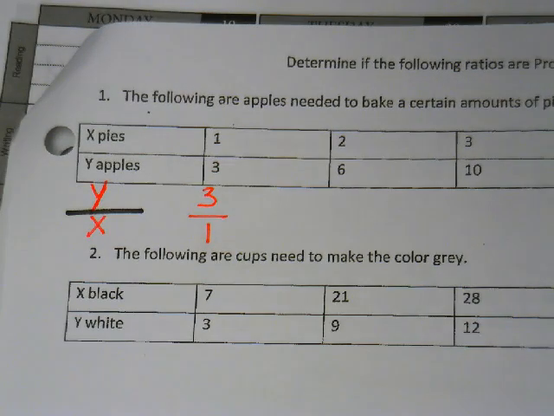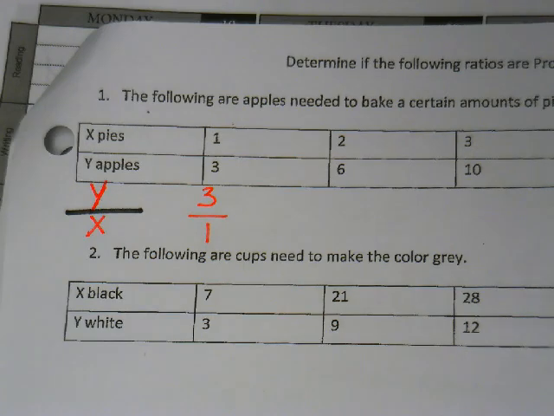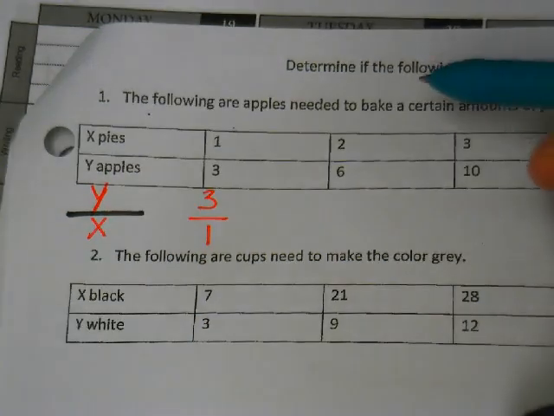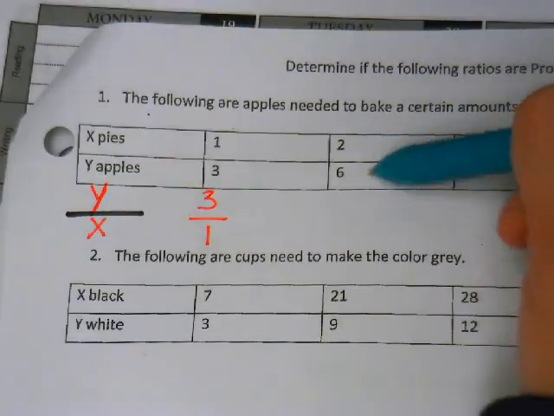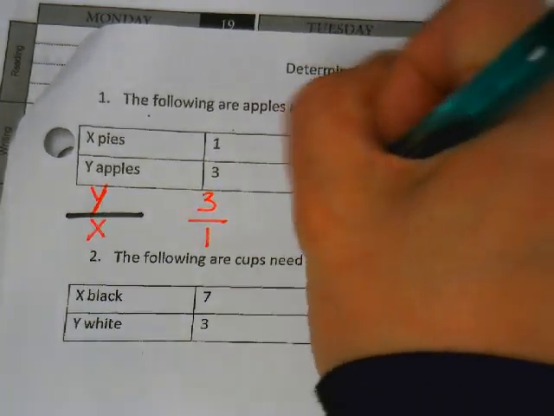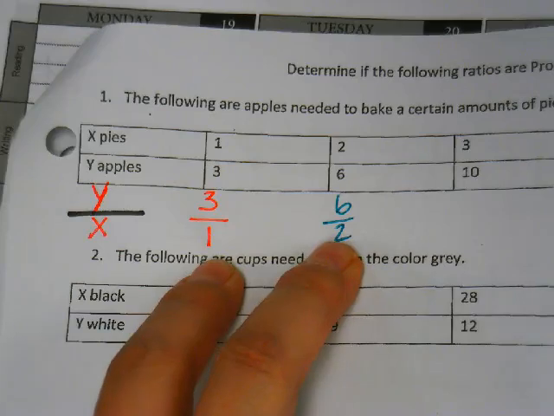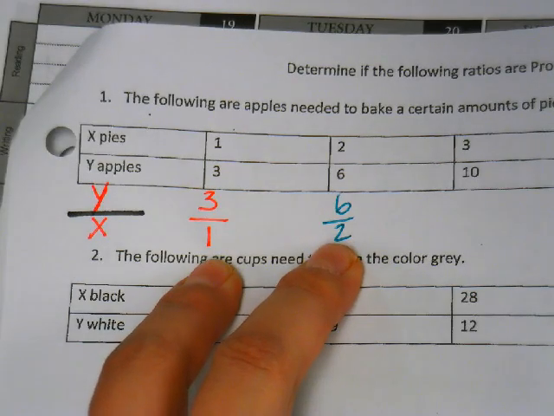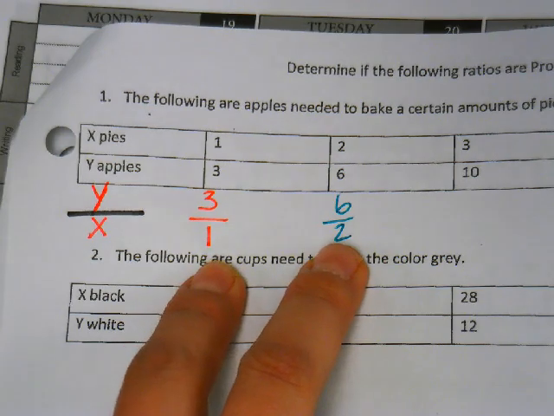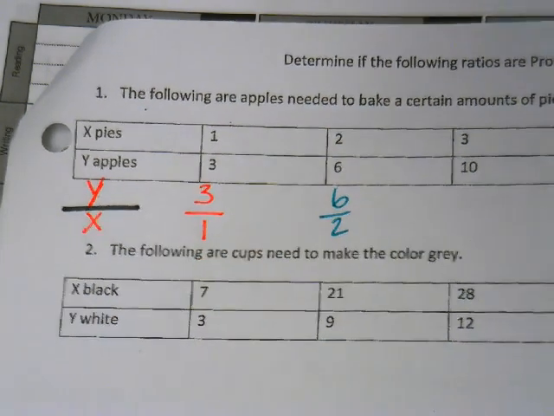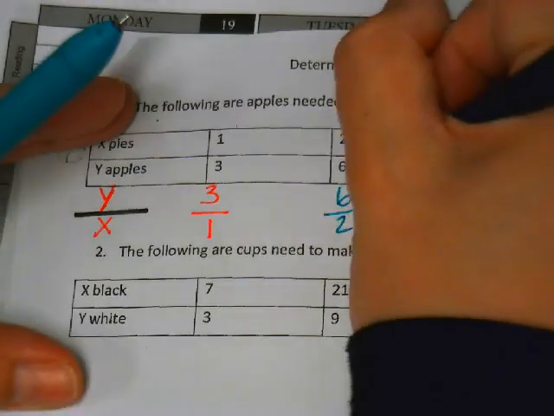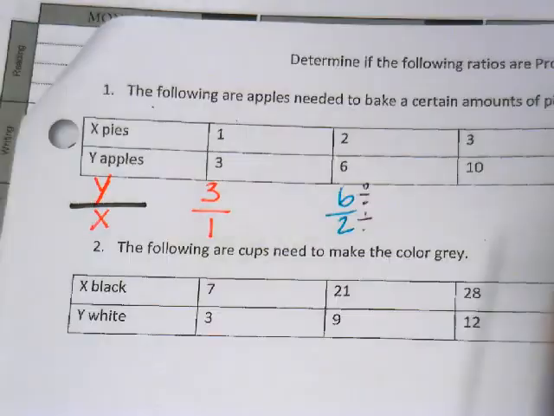Yes, by 3. It would equal 3, but I'm going to leave it as a fraction for this particular situation. All right. So how can you write the second one as a fraction? 6 over 2. Now, my goal is to make these two fractions match. Do they match right now? No. So, I don't just stop right there. What I do is I try to simplify by dividing the top and the bottom by a number.